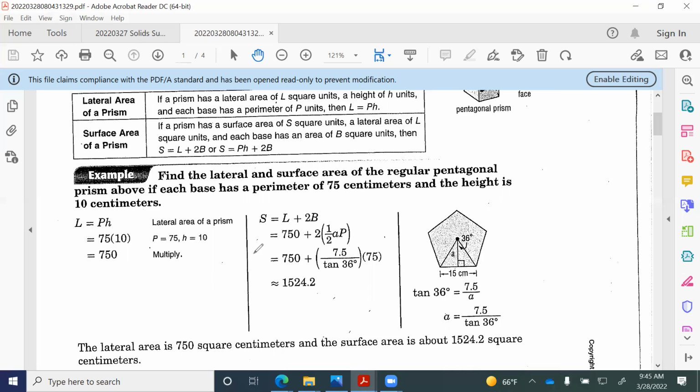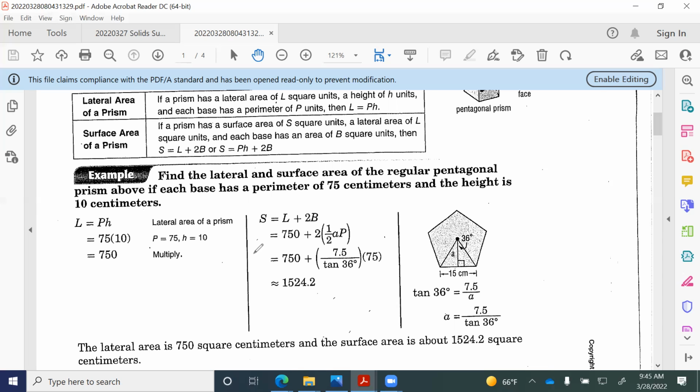When we open up the entire net, what shape is the rest of this? Rectangle. How do you find area of a rectangle? Base times height. So now, the base of this rectangle is actually the same as the perimeter of the base, because this big rectangle, when we unfold it, is wrapping around that other shape that is our base.